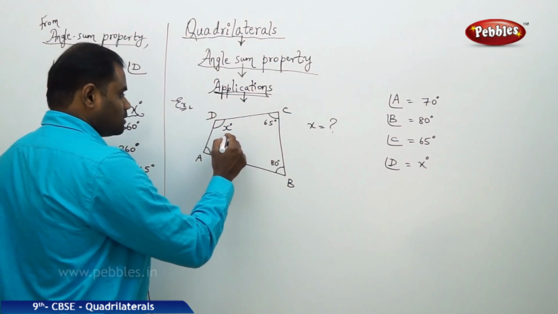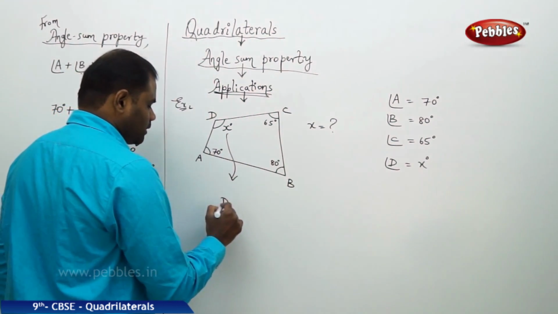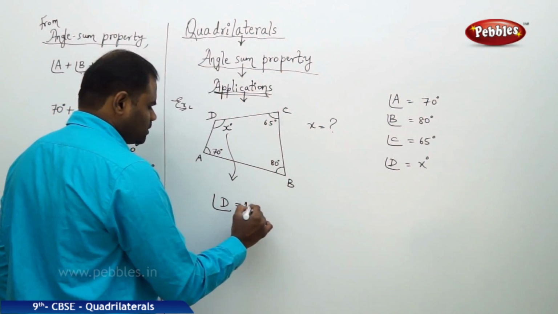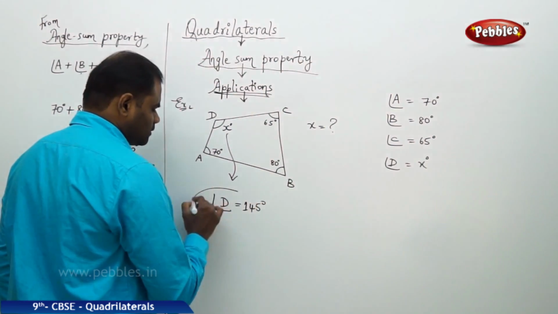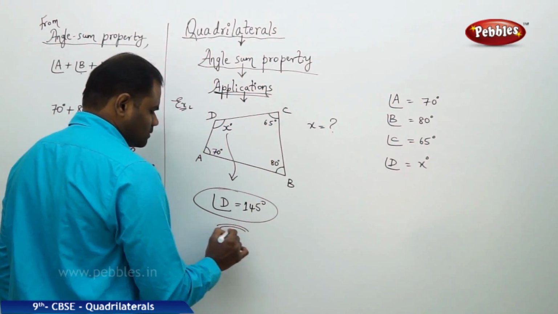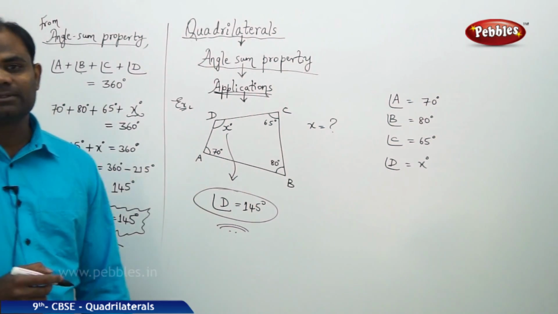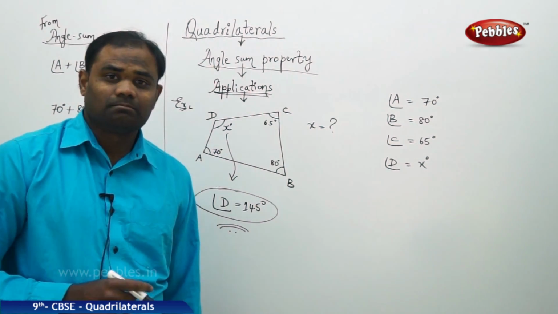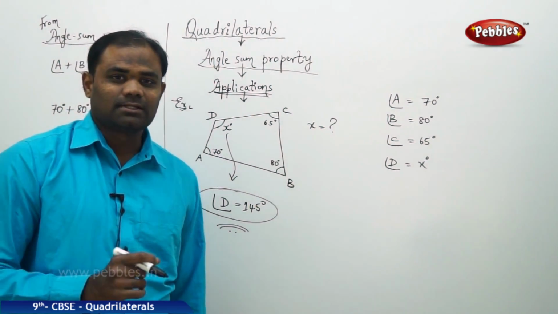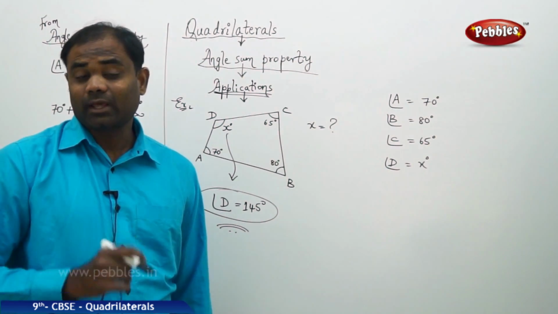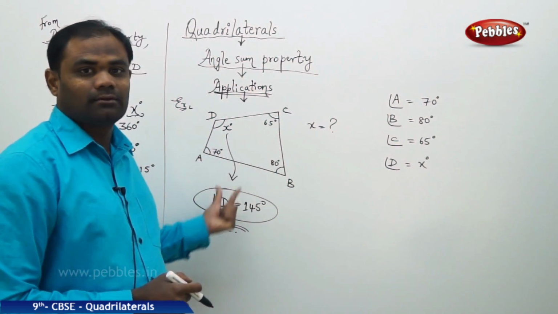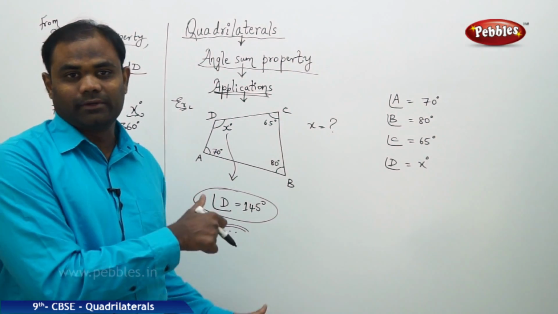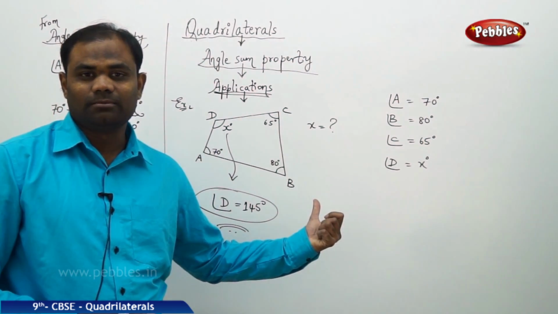In this case, my unknown angle, angle D, is found to be 145 degrees using angle sum property. Angle sum property helps us in finding the unknown angles of the quadrilateral, 145 degrees in this example problem.